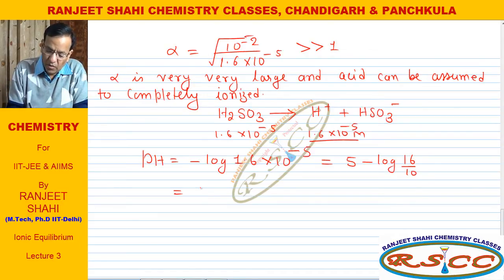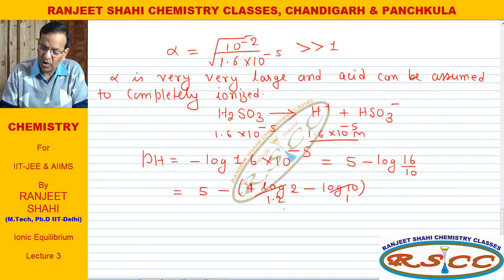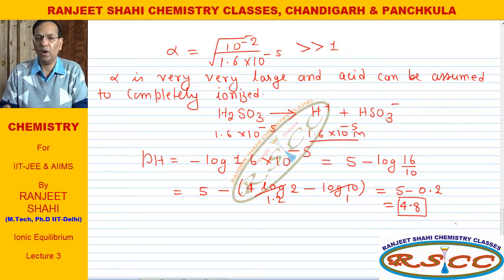So it will be 5 minus log 16, which is 4 log 2, minus log 10. Log 10 is 1, log 2 is 0.3, so 0.3 times 4 is 1.2. So 1.2 minus 1 is 0.2, so it is 5 minus 0.2, so 4.8. So this is the pH of rainwater.